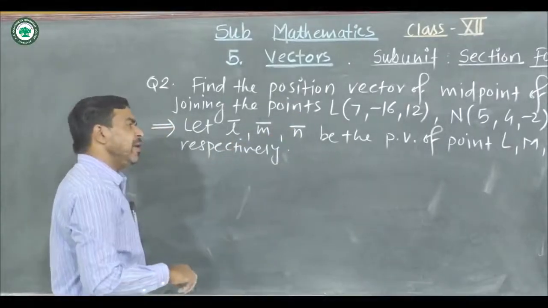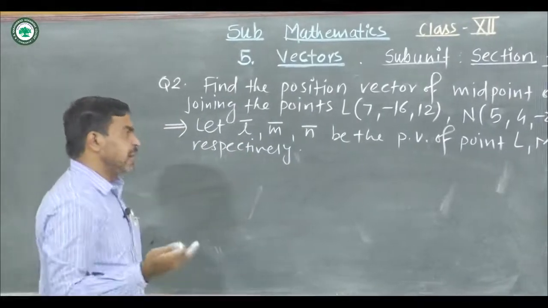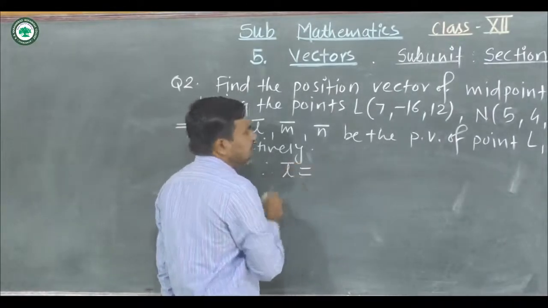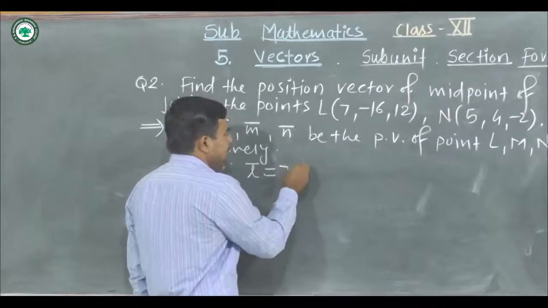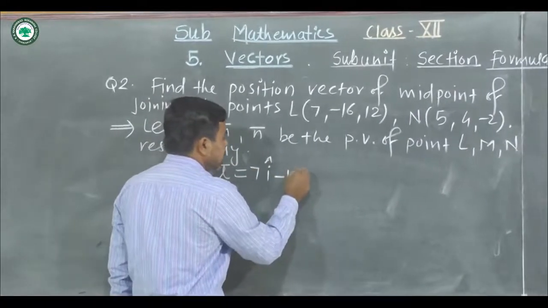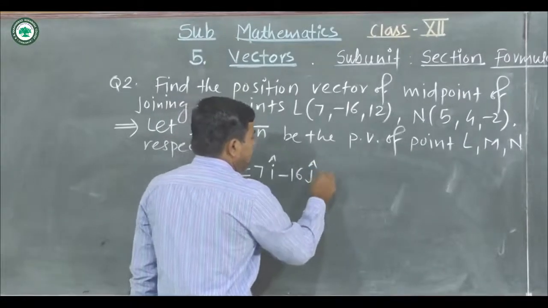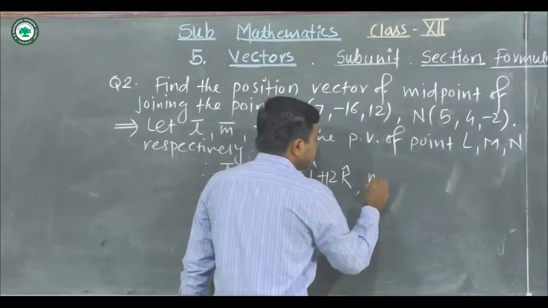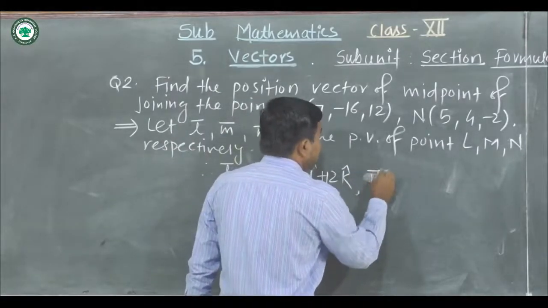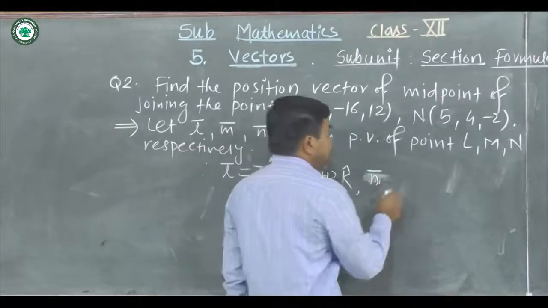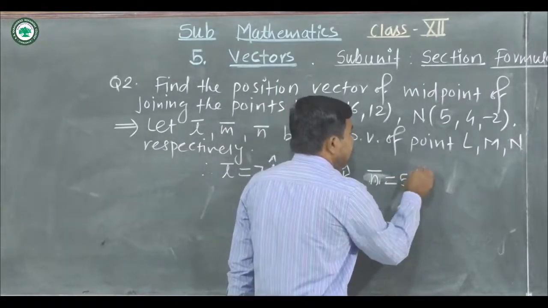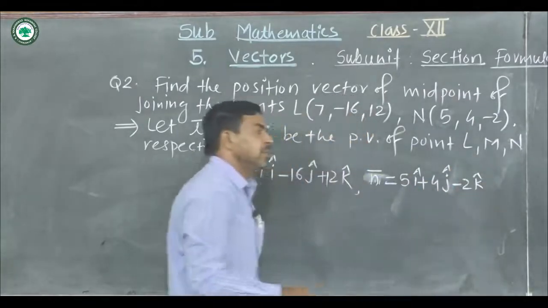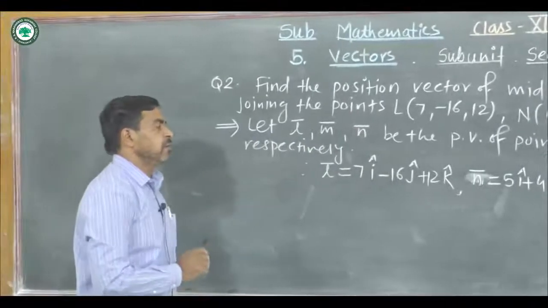Now points L and N are given, so l bar is equal to 7i cap minus 6j cap plus 12k cap, and n bar is equal to 5i cap plus 4j cap minus 2k cap, and m bar we have to find out here.